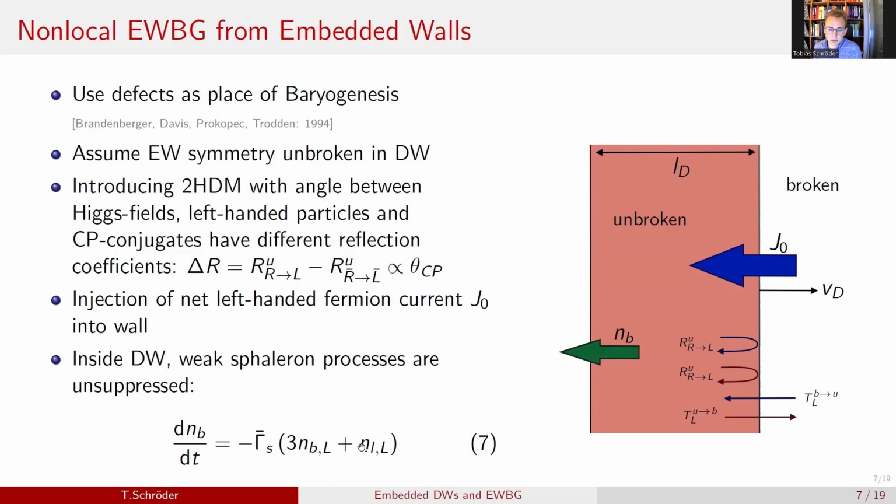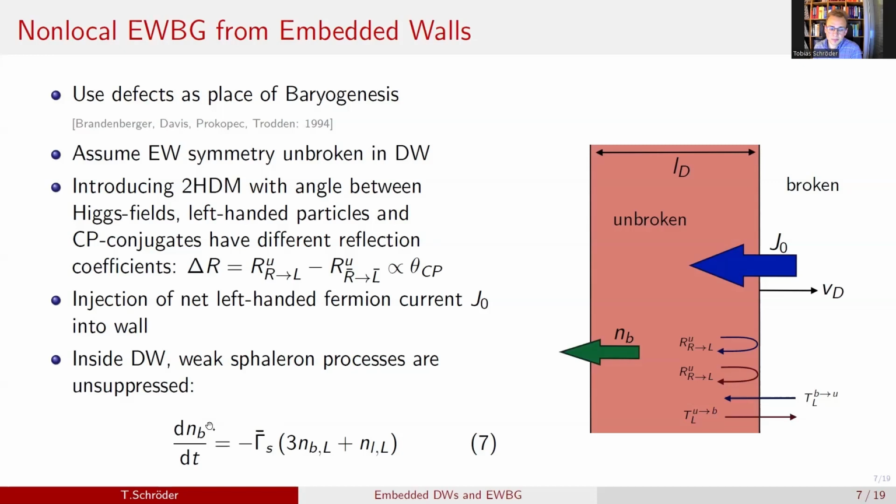Here we have, for example, NLL, which denotes the net left-handed lepton number density, that is, the number density of left-handed leptons minus the number density of their CP conjugates. NBL is a similar term for left-handed baryons.